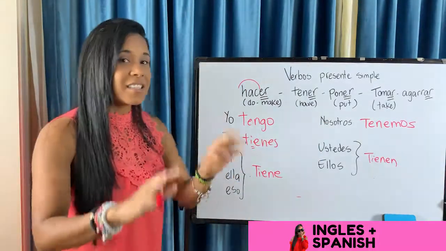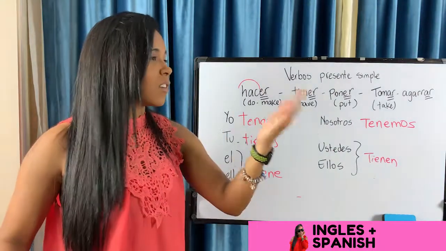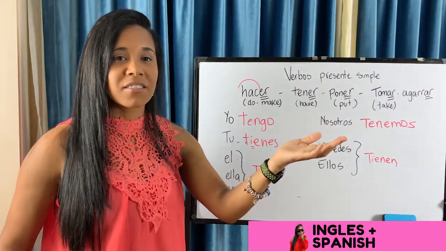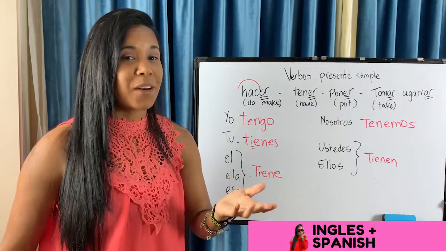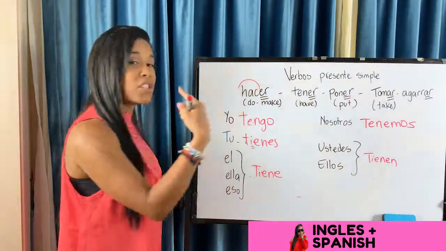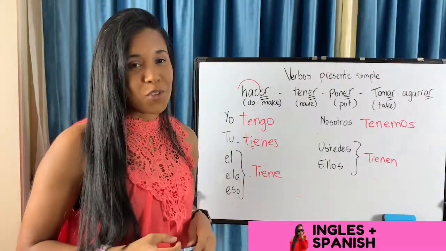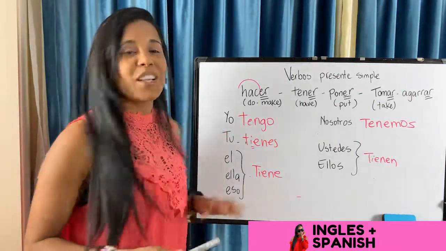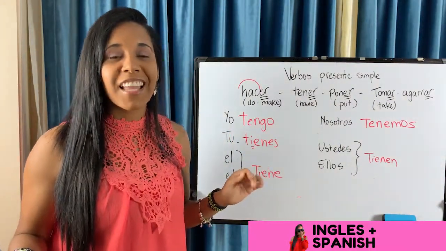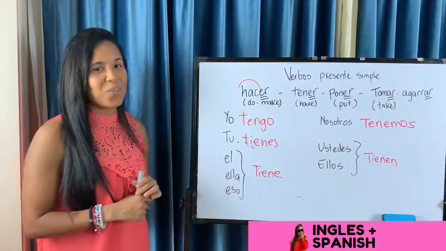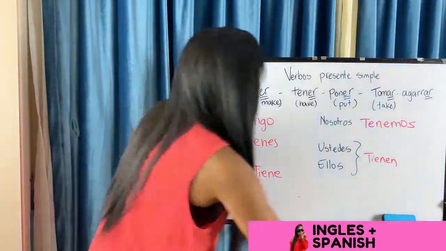So, let's practice the negative form. You don't have a dog. Tú no tienes un perro. We don't have a dog. Nosotros no tenemos un perro. I don't have a dog. Yo no tengo un perro. Okay? Good.